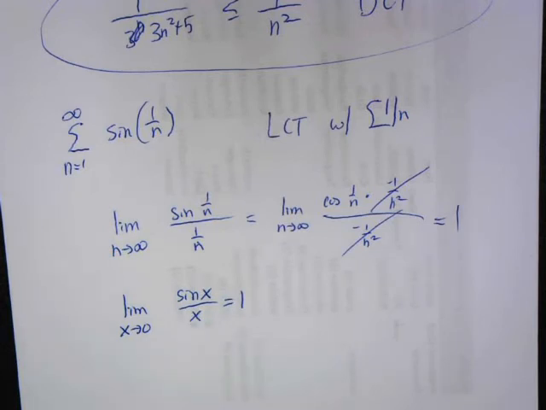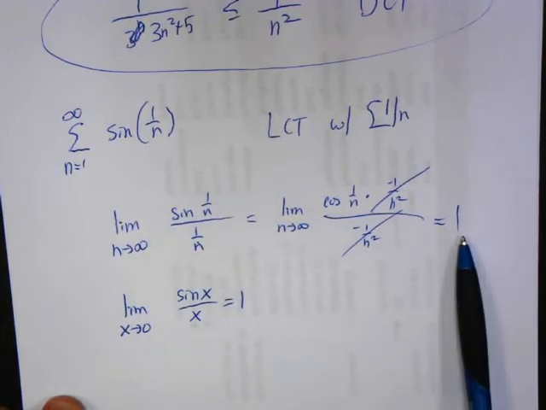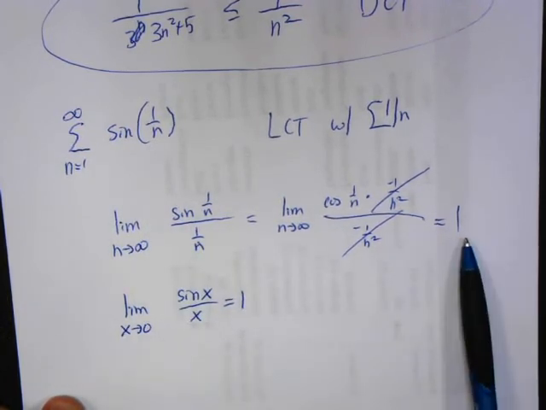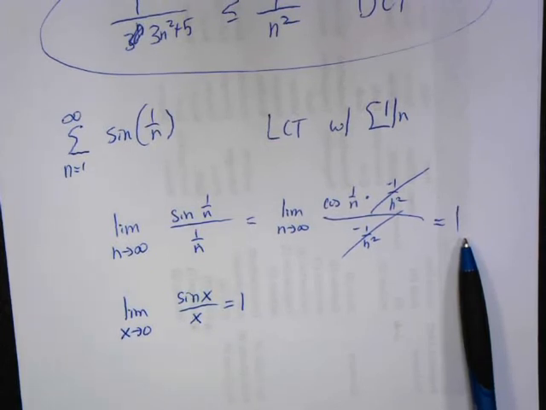Questions on the direct comparison test or the limit comparison test? So if L isn't finite or positive, is that just inconclusive? That's right. So if I were to do this limit and I got the answer of 0, or I got the answer infinity, the limit comparison test didn't work. Which tells you one of two things.